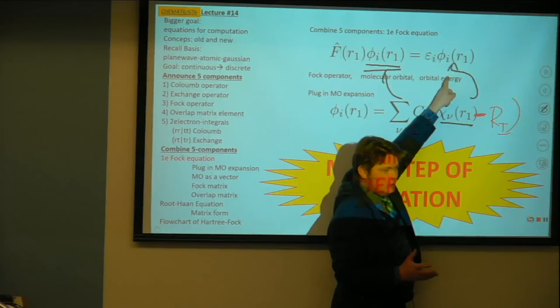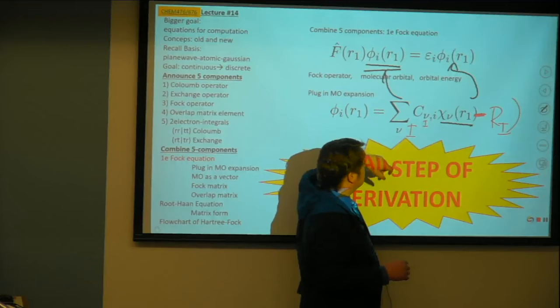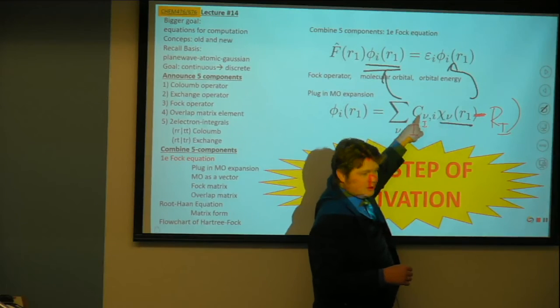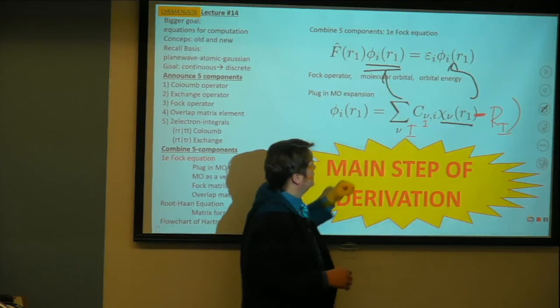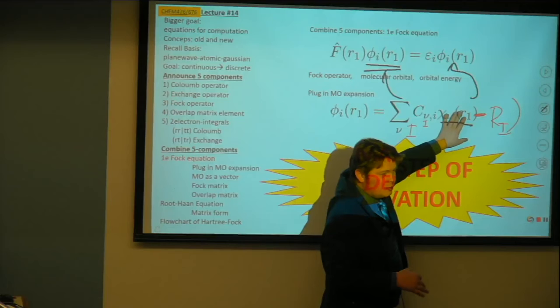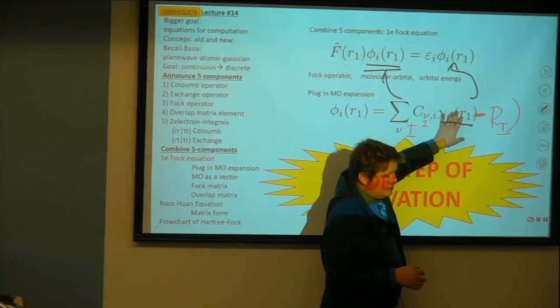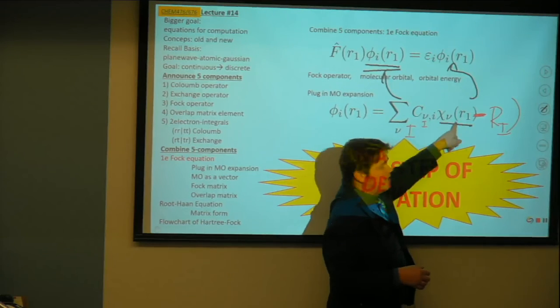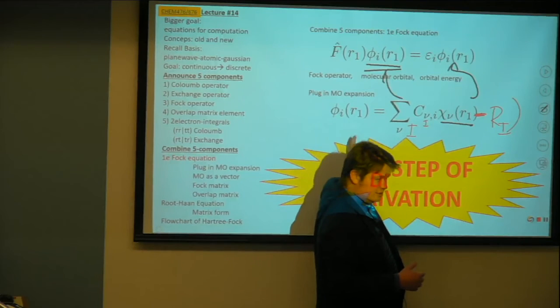From now on, we will have no molecular orbitals, but only atomic orbitals and expansion coefficients. Right? And in order to keep expansion coefficients and delete atomic orbitals, we will need to practice orthogonality, or whatever we have instead. So we will need to multiply by another atomic orbital and integrate.